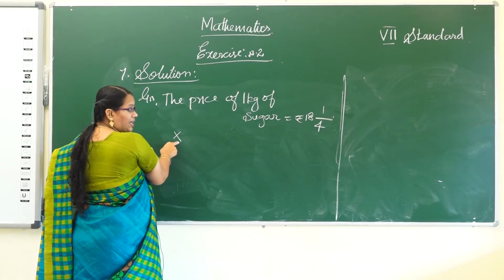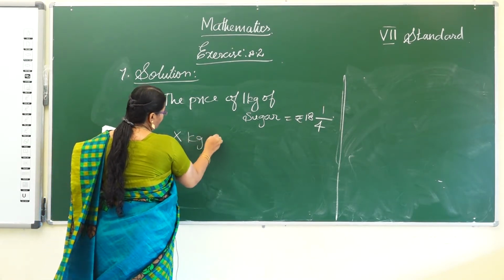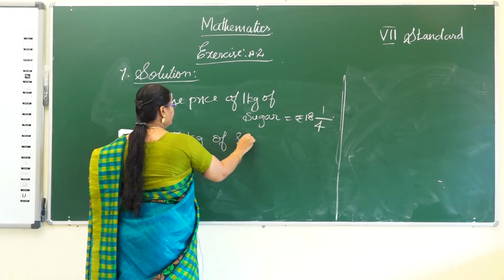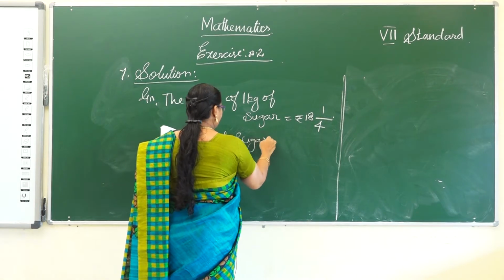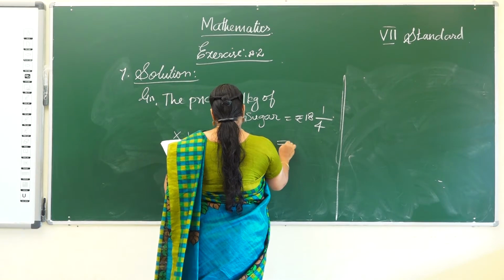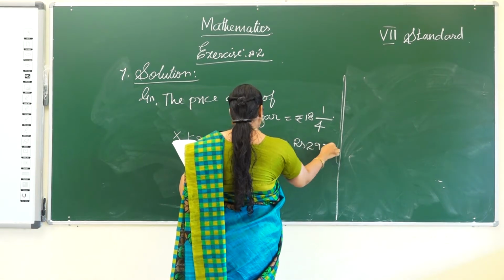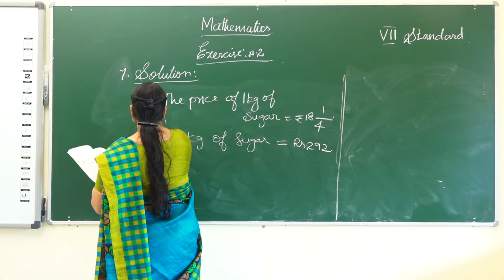So we have considered the unknown value x. So x kg of sugar is equal to rupees 292, which is also given. These are all given data.